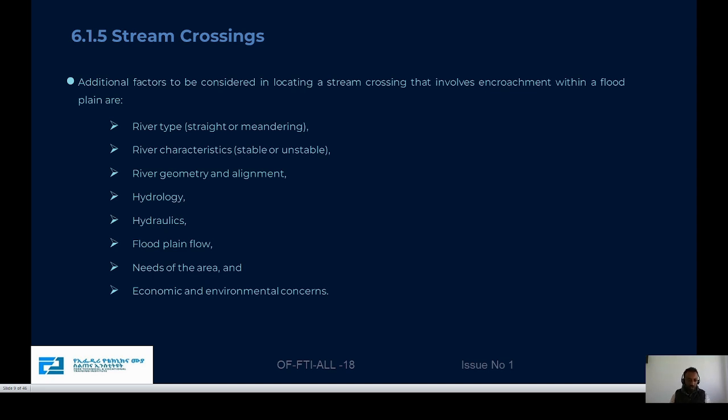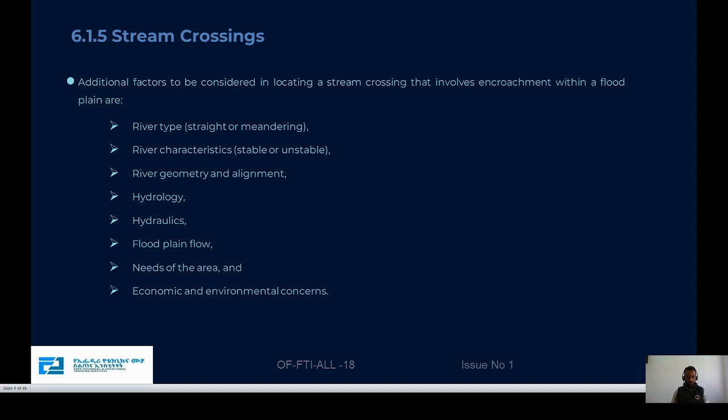So this gains information for the river type: is it straight or meandering, and the river characteristics, whether the river is stable or unstable. The river geometry, the width, the alignment, whether it is 90-degree or skew, or the height of the river, geometric information will also be collected.